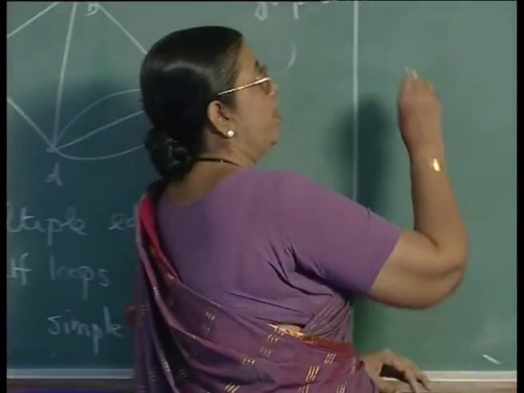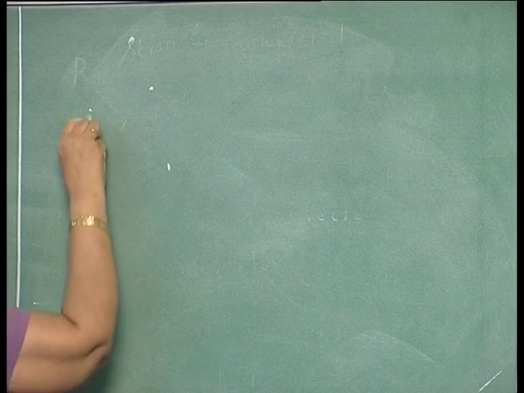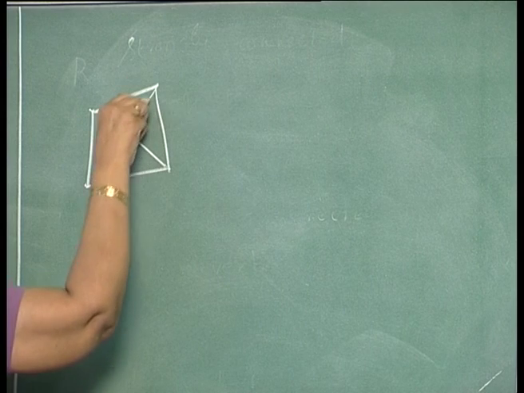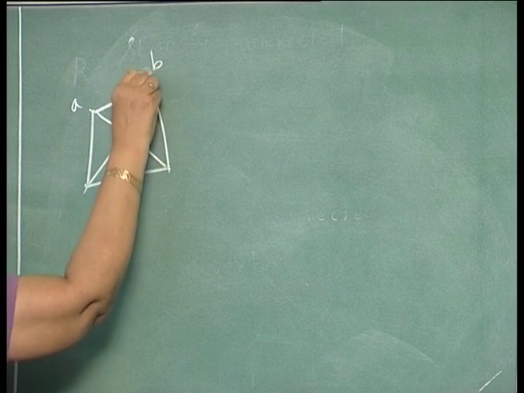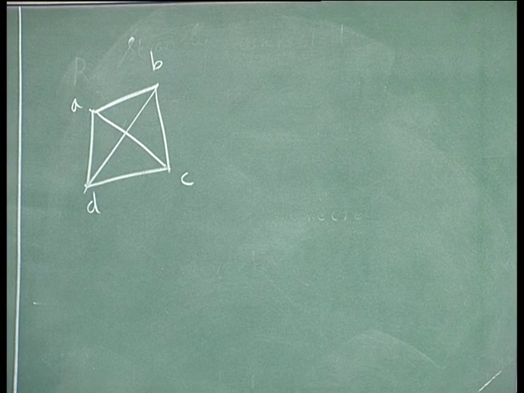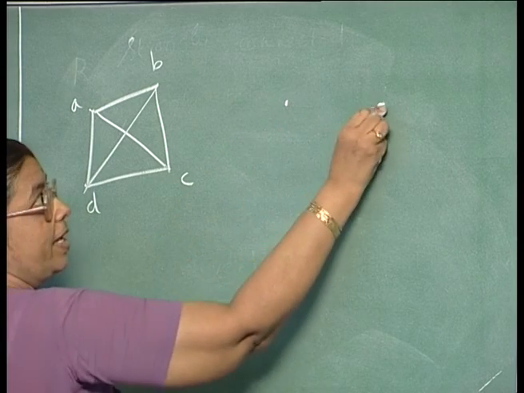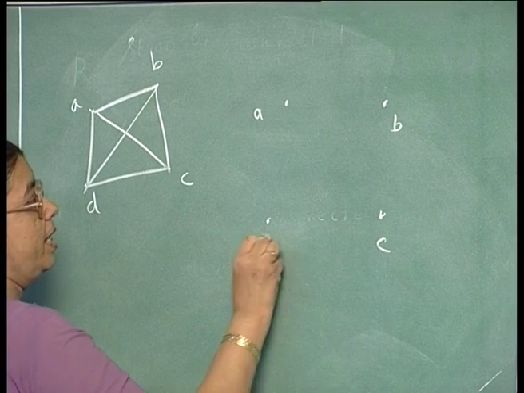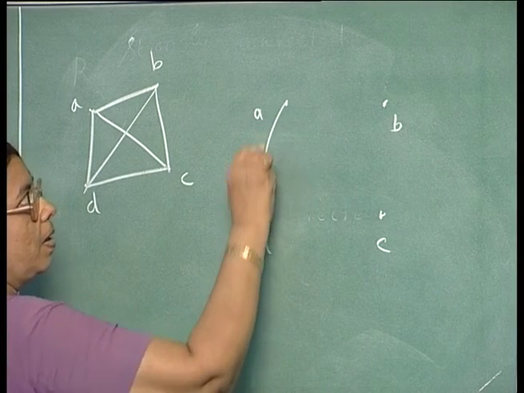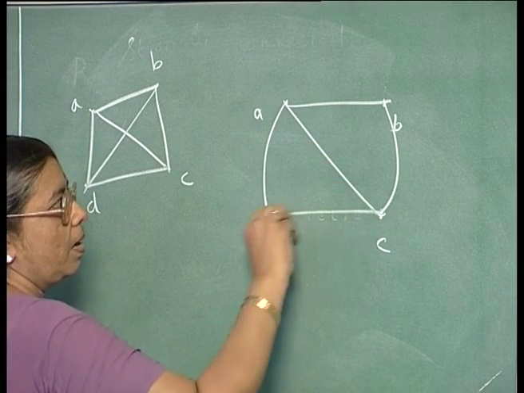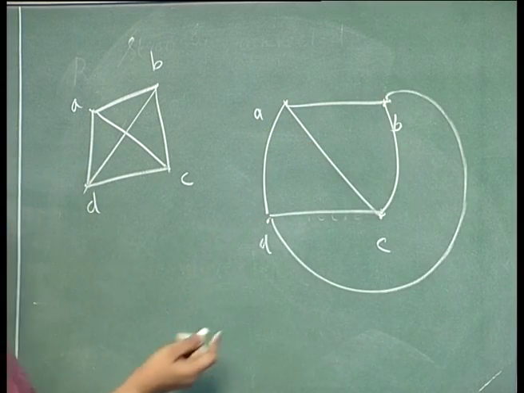And see, I can draw something like this. This is a graph A, B, C, D. Everything is represented by a straight line and also the shortest line between the two nodes. But that need not be the case. I can also represent the same graph like this, A, B, C, D. Like this.